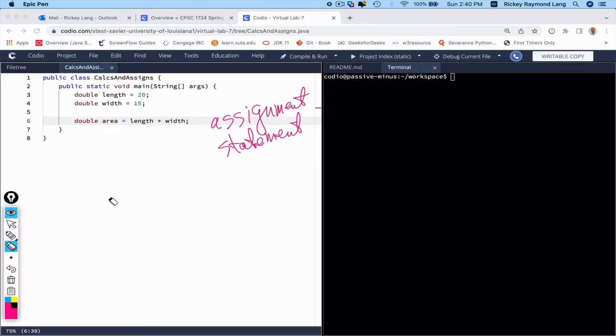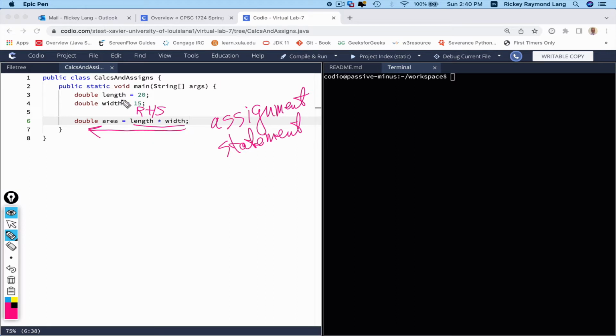So the key thing to bear in mind about the assignment statement is that the flow is from right to left. When a statement like this is executed, the right-hand side executes first.